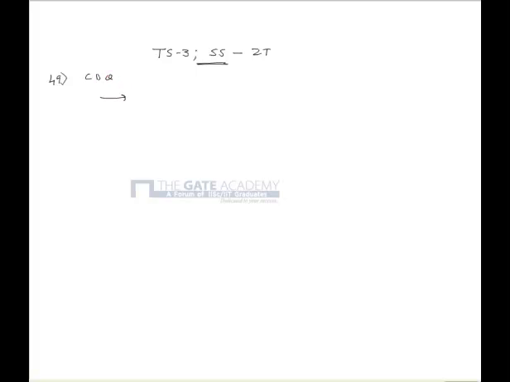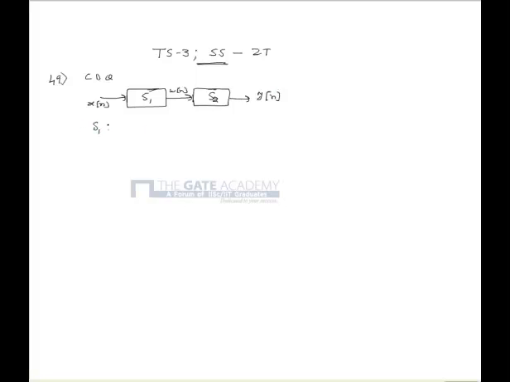As per the question, there is a cascade connection of two systems S1 and S2. x of n is the input of the system S1 and w of n is the output of system S1, and y of n is the final output of the systems.